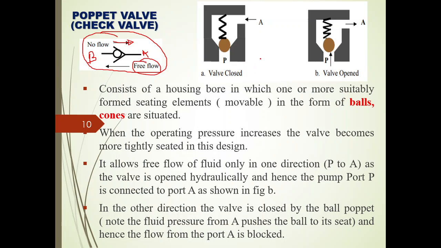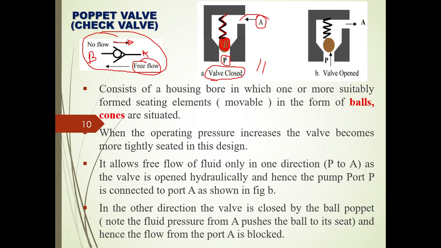So this is the schematic representation of the check valve. It is consisting of the ball or the poppet, which is backed with the help of the spring force, and it is consisting of two ports, the pump port as well as the system port A, right? So the first diagram indicates the valve is in a closed position. That means you are not allowing the fluid to flow from system port A to P port.